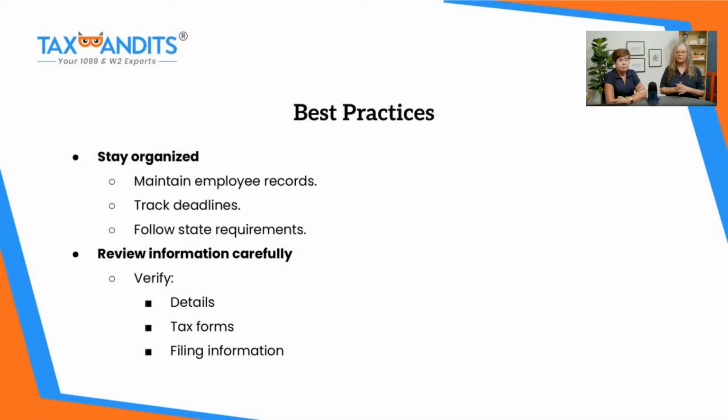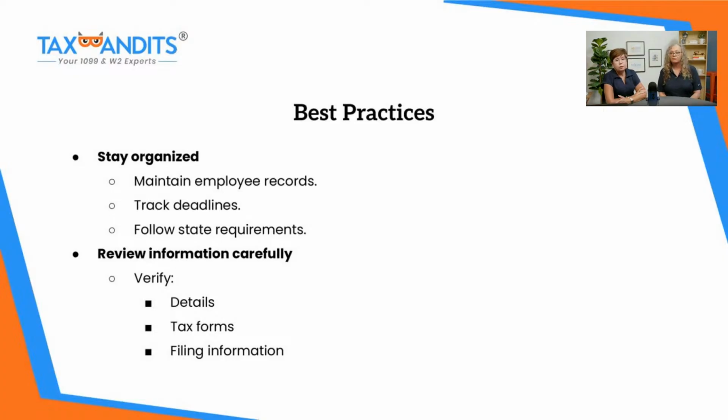Verify employee details, make sure nothing changed, like you just stated. And with tax forms, review them before you actually file them, including the filing information on the form. Check, double check, triple check your information before you send it on.